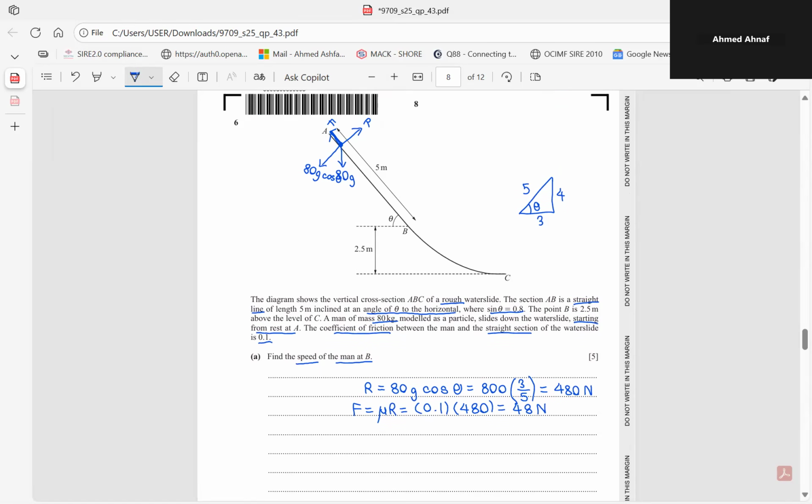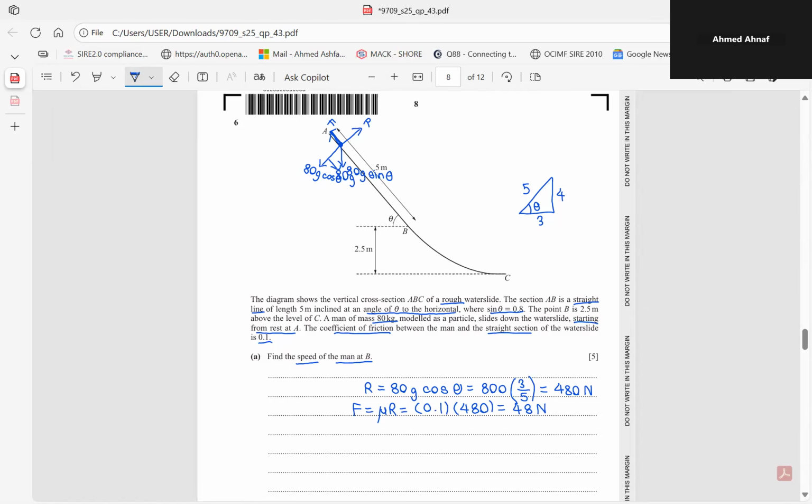Oh, and one more force to consider is the component of the weight along the slope, which is 80g sine theta. This is the force that drives the man down, which acts directly opposite to the friction.